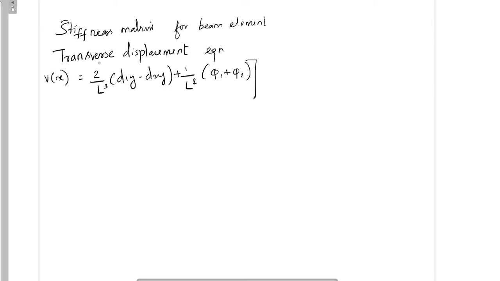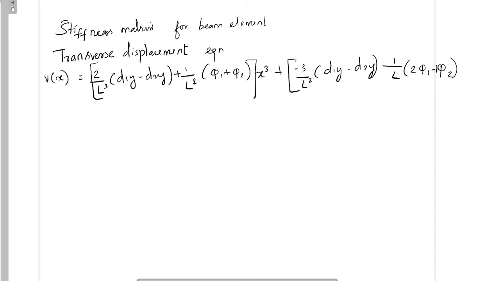So this is the term common for x cubed, that is N1, the value of shape function 1, and minus (3/L^2)(d1y - d2y) minus (1/L)(2 phi1 + phi2) into x squared plus phi1 x plus d1y.